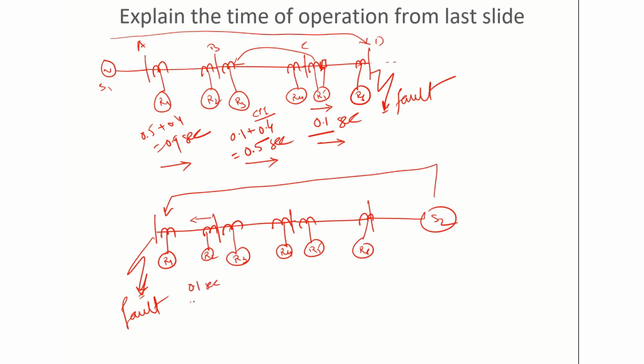Now, if R2 fails to operate, then R4 should operate and should trip this circuit breaker here, and it will now cause a disturbance of this and this feeder. So in this case, the R4 time of operation should be 0.1 plus 0.4, that is 0.5 second. And if R4 fails to operate, then R6 should operate, and for R6, the time of operation will be 0.5 plus 0.4, that is 0.9 second.